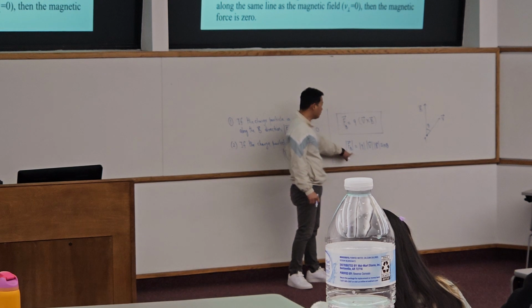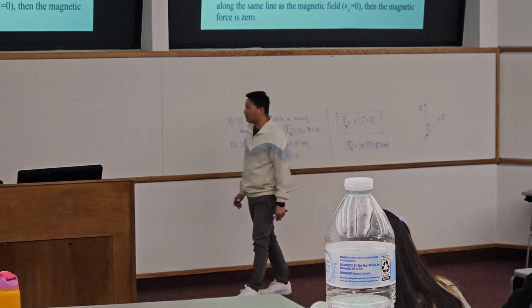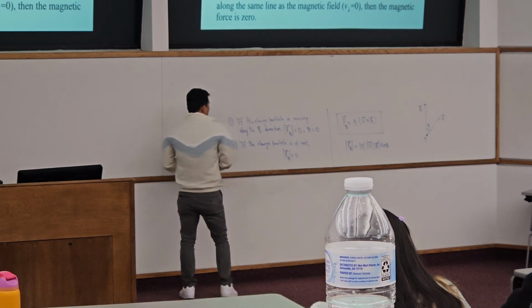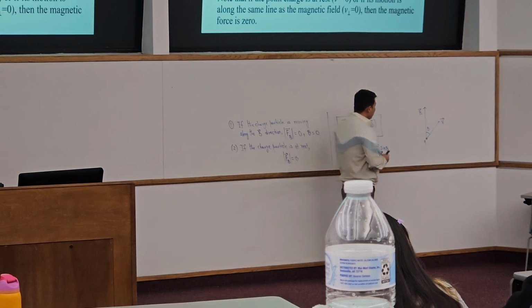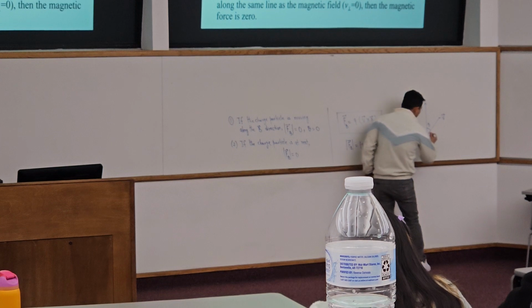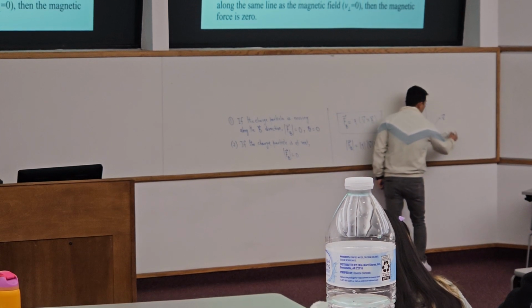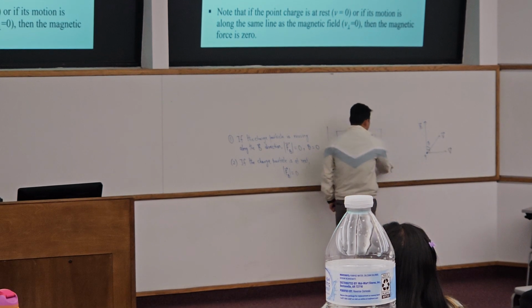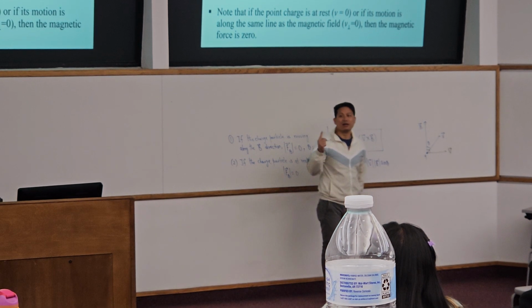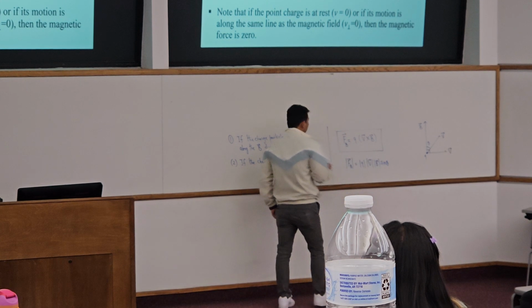If you multiply by 0, your force will be 0. Okay? So these are some special conditions. The maximum force is going to be there if the charged particle moves perpendicular to the field direction. If this is 90 degrees, sine 90 is 1. Right? So that means you have a maximum force.